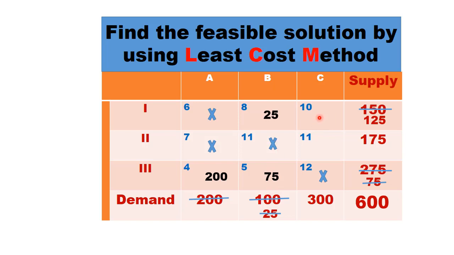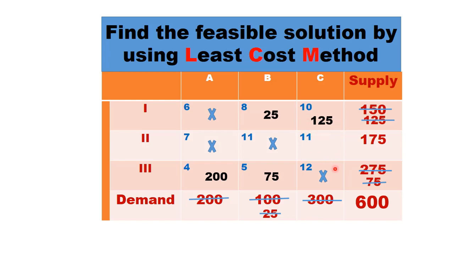Now coming to these two unallocated cells, what is the least cost? 10 is the least cost. See the supply and demand values, 125 and 300. So 125 is the minimum, and we can allocate 125 units to this cell. After allocating 125 units, the supply for origin 1 is saturated. Out of the 300 units requirement, we have supplied 125 units.